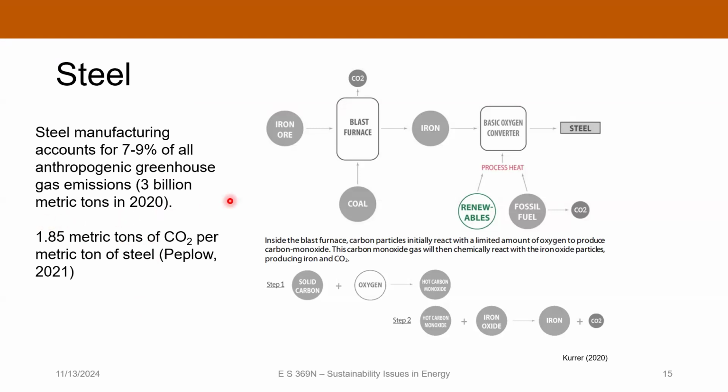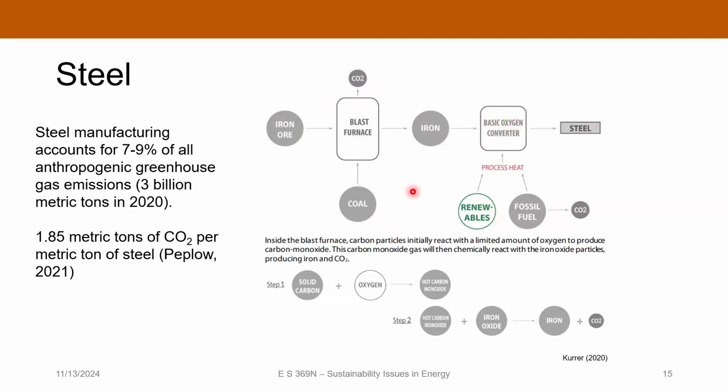Now, the way it works is that you take iron ore and you put it through a blast furnace, which changes the chemistry of the iron ore into just pure iron. So you're reducing it. And the oxygen that's produced as a result of that reacts with the coal and it emits CO2. And then it goes through an oxygen converter that converts it to steel.